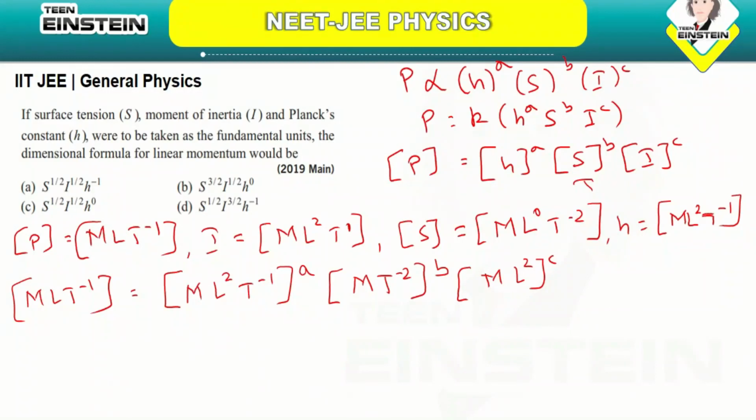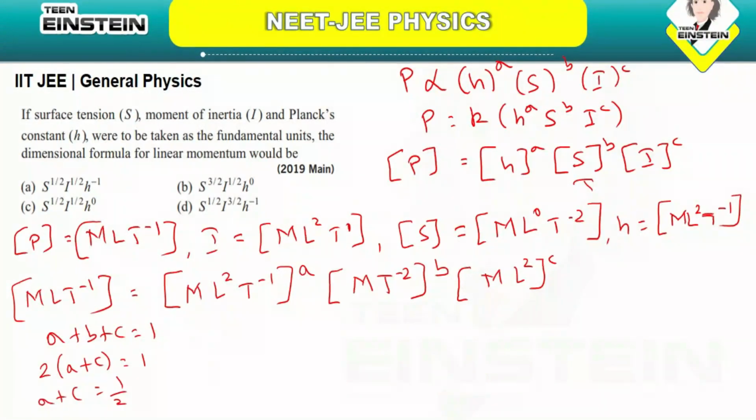So in a similar way as we did in the previous problem, you are going to equate the M first. So you will be getting 1 is equal to a plus b plus c, because M term is there in all the three cases. So it will be a plus b plus c is equal to 1. So this is for M. Next you equate L. So L again here 1, here it is 2a, and here you are having 2c. So 2 into a plus c is equal to 1, or a plus c will be equal to 1 by 2.